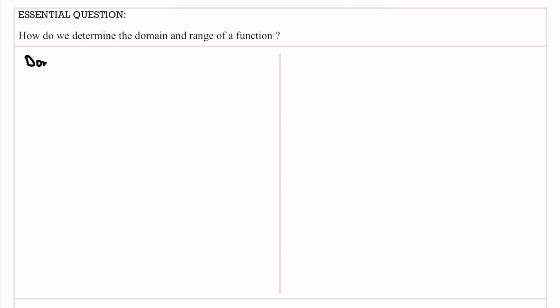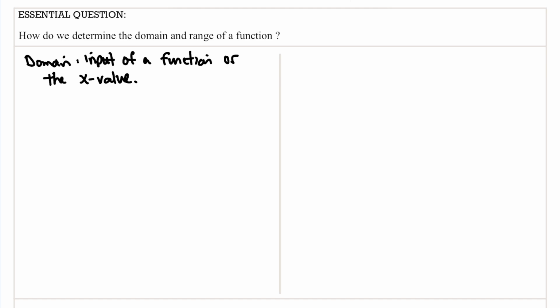So if we're looking at domain, domain is the input of a function, or we could look at it as the x value. So really we're just looking to see what can we plug into our function.